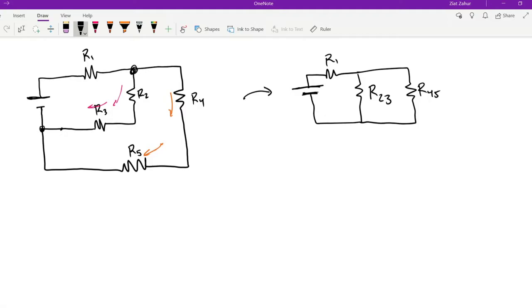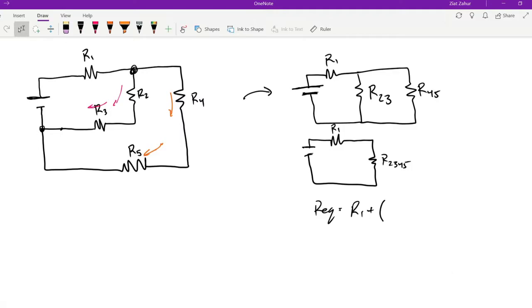Alright, so R23 and R45 are parallel, and then it's in series with number 1. Okay, so the equivalent resistance formula would be R1 plus R2 plus R3 parallel to R4 plus R5.